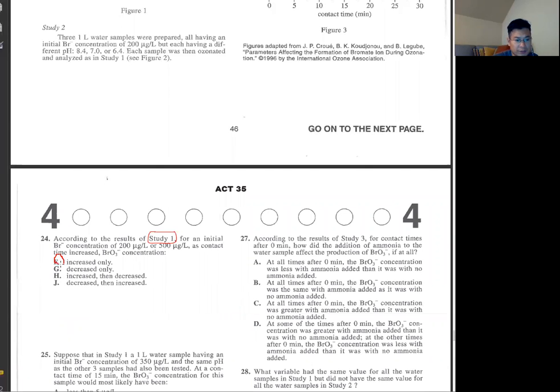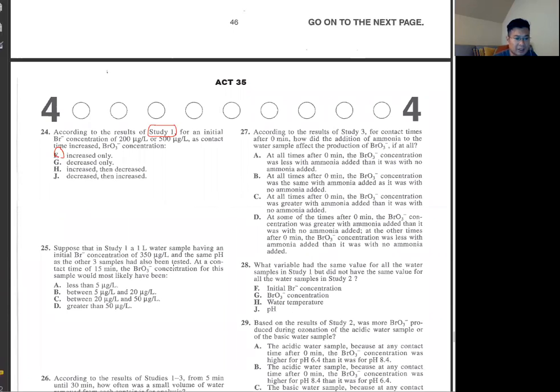Both of them increase. And 25, suppose scientist 1 had a 1 liter water sample with an initial Br minus concentration of 350 and the same pH as the other 3 samples, tested at a contact time of 15 minutes. The BrO3 concentration for the sample would most likely have been?